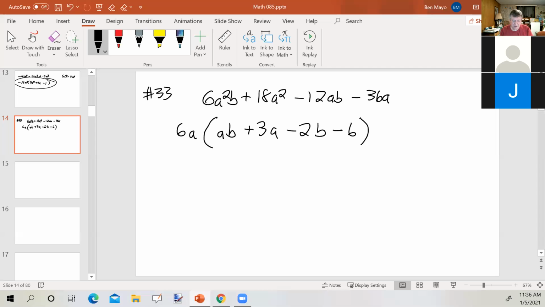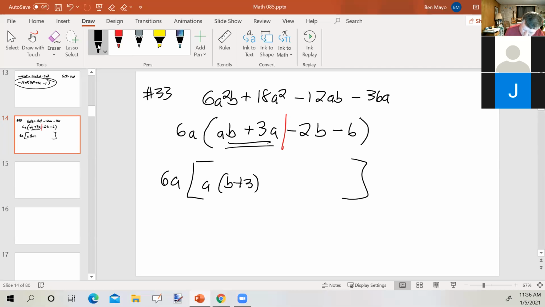Now, this is in fact what the student that asked about this had as their answer. So why is it incorrect? Well, we're not done yet, because we can take what's inside and use factoring by grouping. The greatest common factor here is an a with a b plus 3 left over.